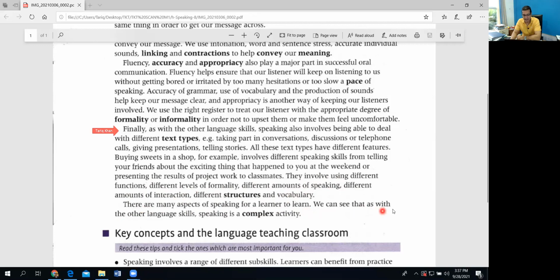We can see that, as with the other language skills, speaking is a complex activity. Now, compared to reading, writing and listening, speaking is very complex, isn't it? So many things are involved in it. But as a matter of fact, in our English classes, the spoken part is just, okay, they start speaking, practice that.